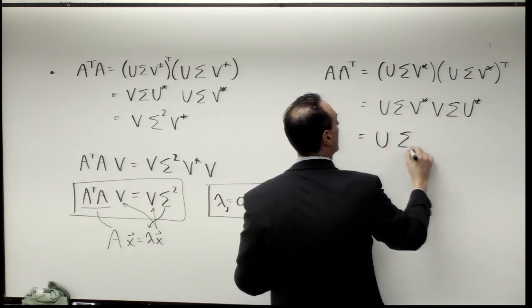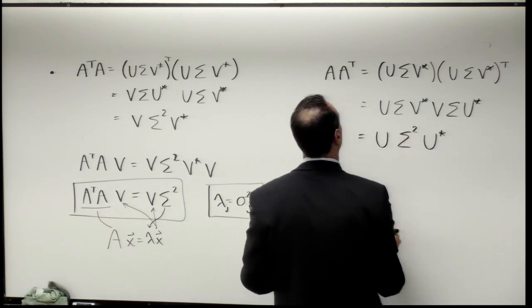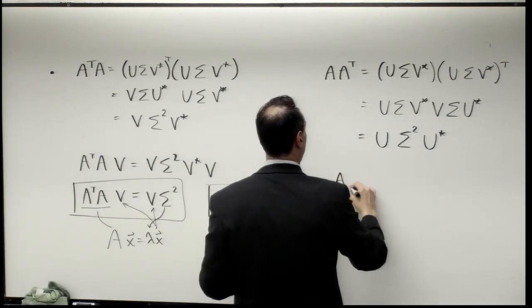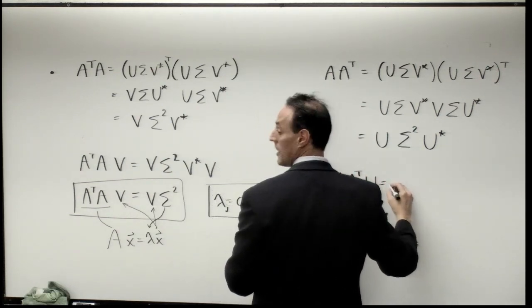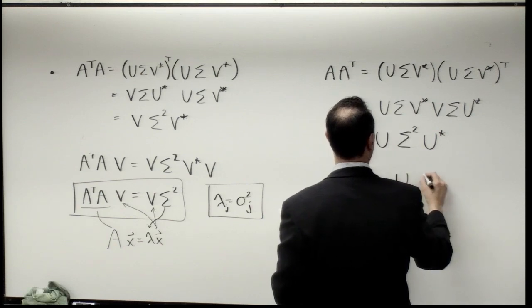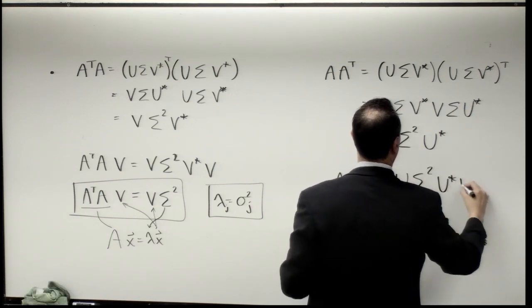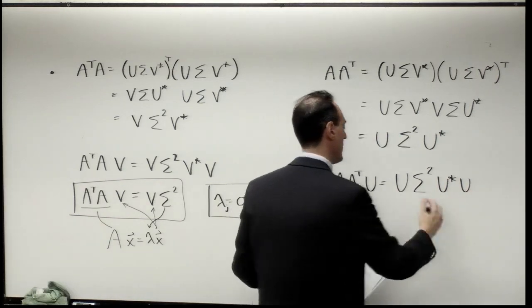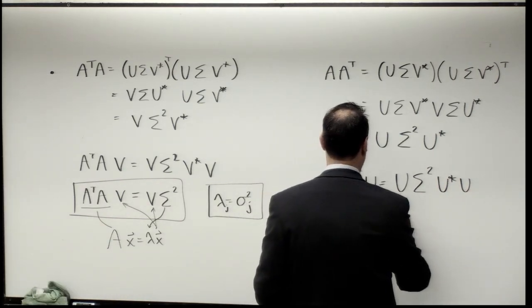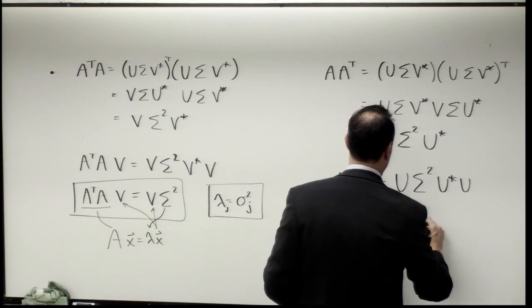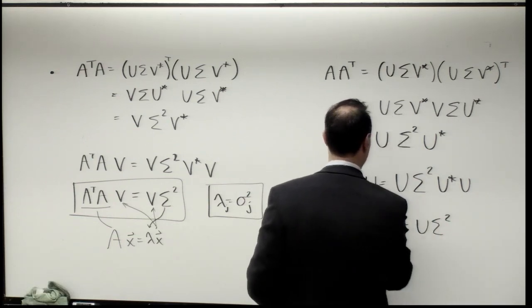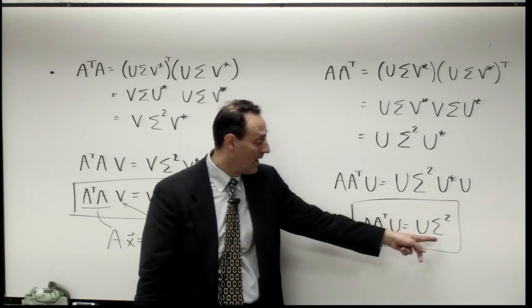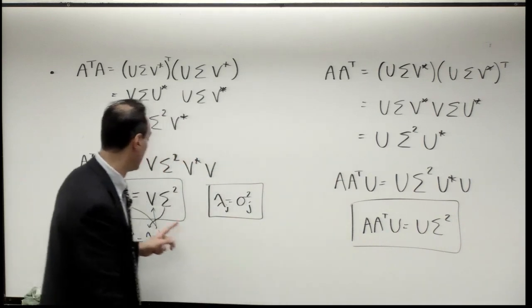You get U sigma squared U star. Multiply now both sides by U. That's 1. So you get A A transpose U is equal to U sigma squared. Eigenvalue problem, same eigenvalues as here.